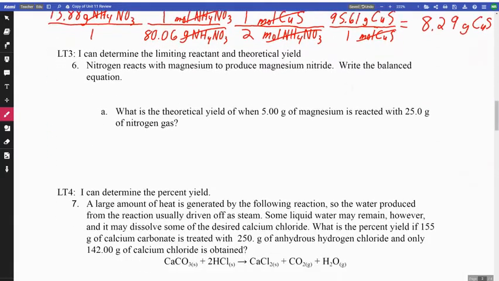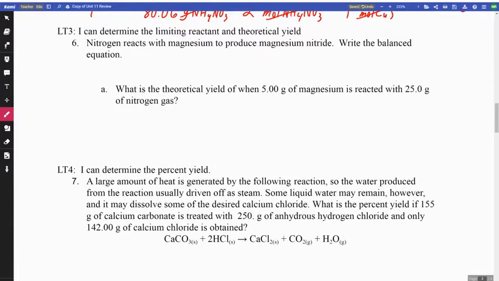All right, so next, limiting reactant and theoretical yields. So first, we need to write out our balanced equation, okay? Nitrogen, which is N2, because it's diatomic, reacts with magnesium, which is Mg, to produce magnesium nitride.